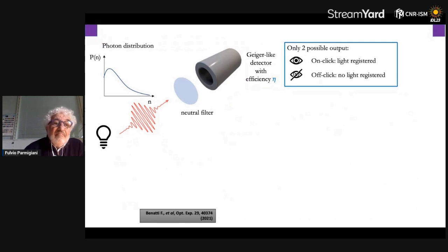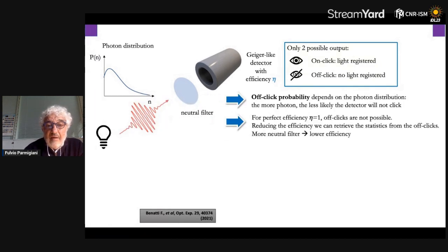So we designed this strategy that actually has been used also for tabletop laser. What you can do, of course, is if you have the laser light that is coming, you can use a neutral filter, and you can reduce, of course, this light. But you can also consider the case of, instead of measuring the photon statistic, what you can measure is the off-click statistic.